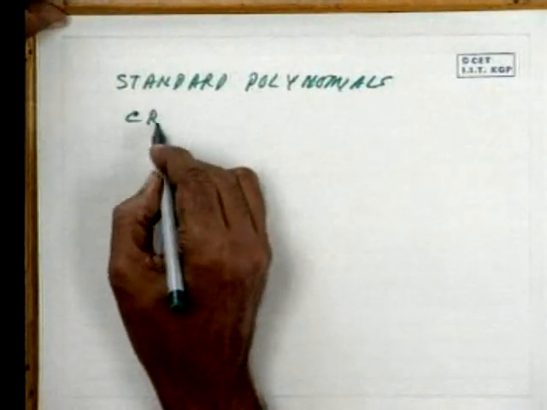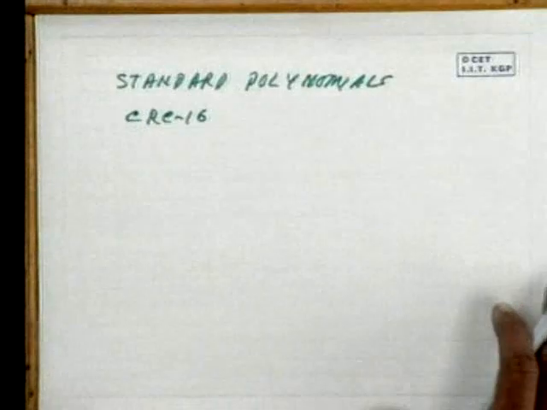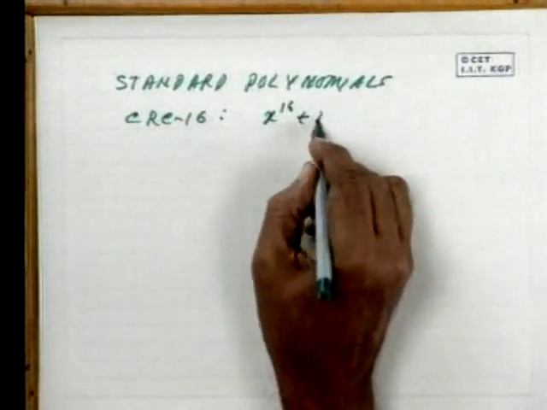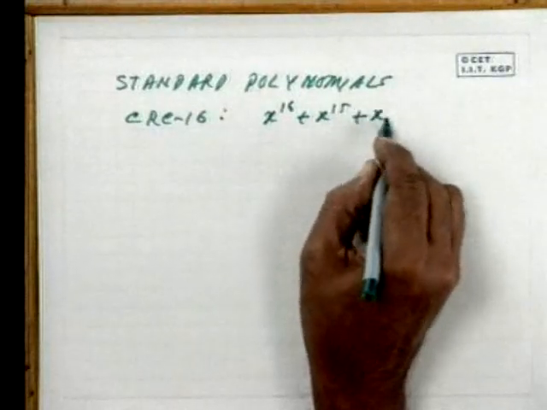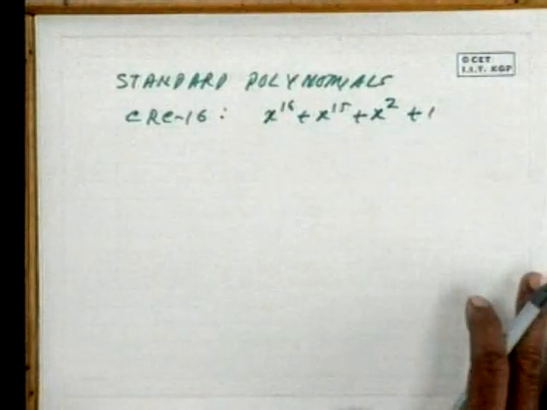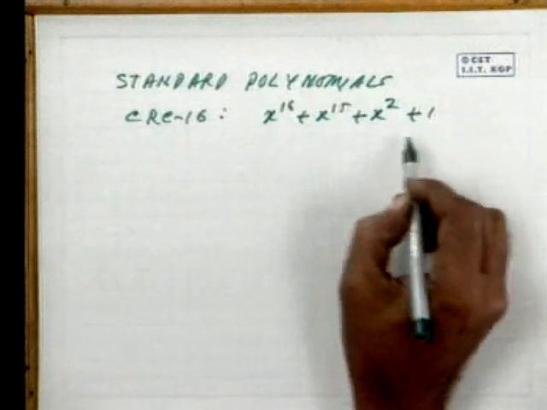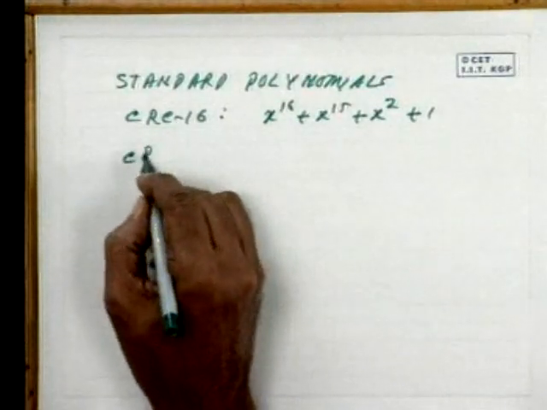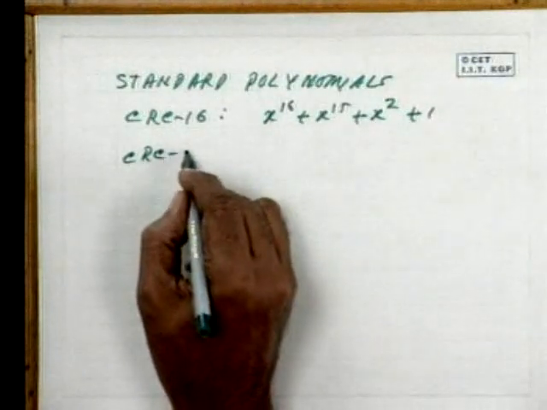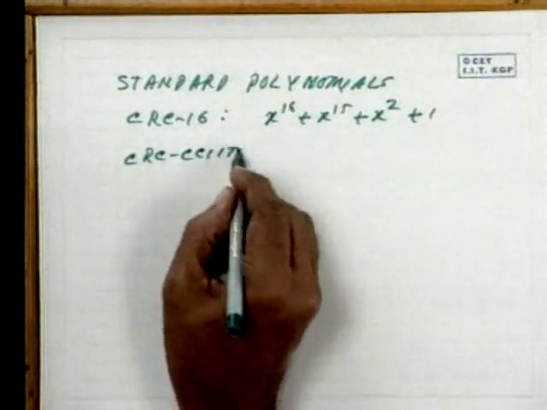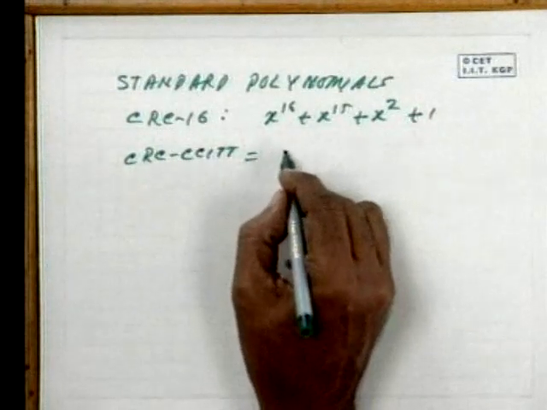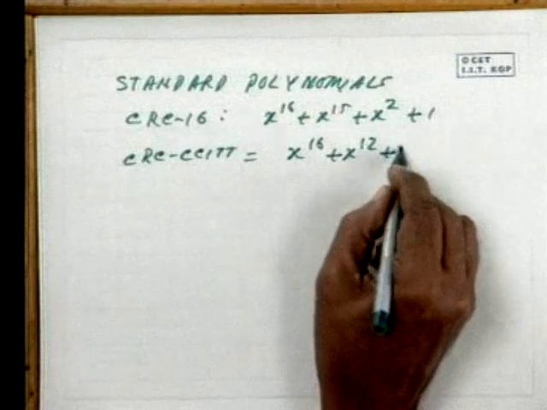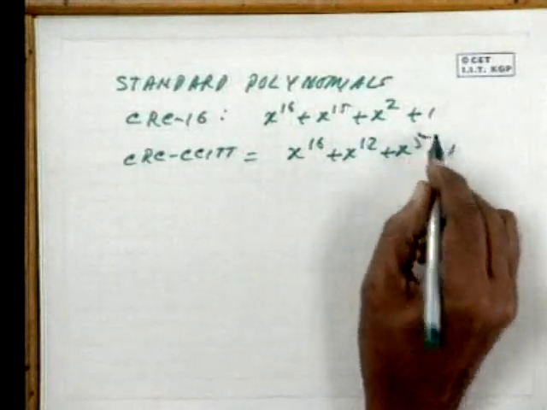For example, CRC16, which is of 16 bits, x to the power 16 plus x to the power 15 plus x to the power 2 plus 1. This is one popular generator polynomial. Another is recommended by CCITT, which is equal to x to the power 16 plus x to the power 12 plus x to the power 5 plus 1.